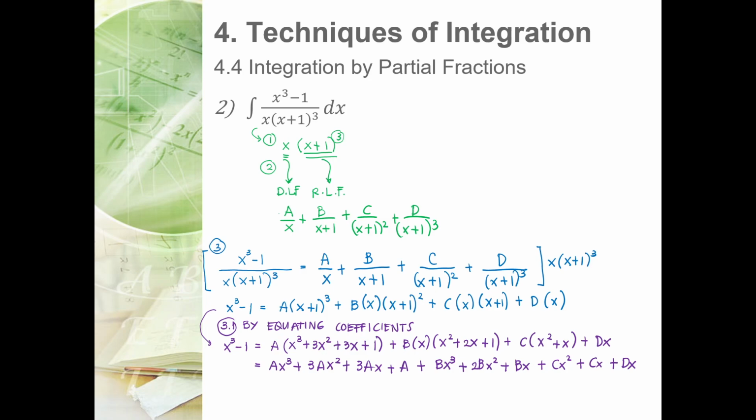Okay, so we're going to group together the cubed, squared, x, and constant terms. Starting off with the cubed terms, Ax cubed and Bx cubed, in shortcut this becomes (A plus B) times x cubed.